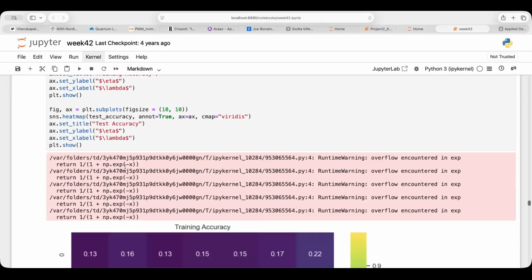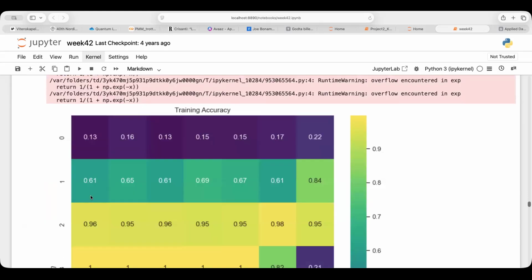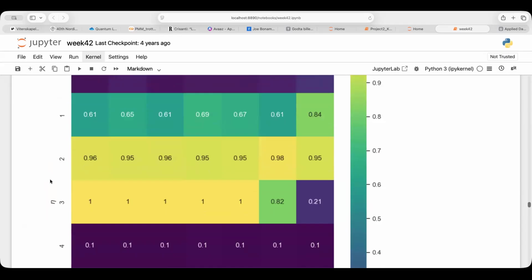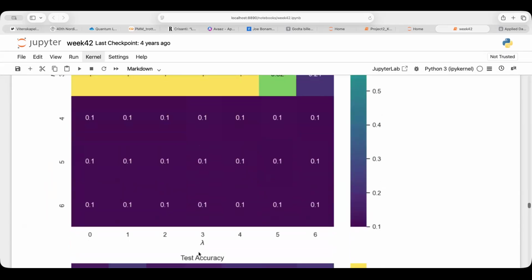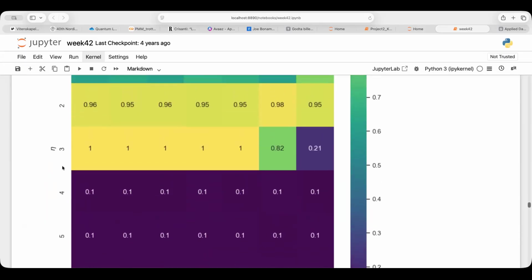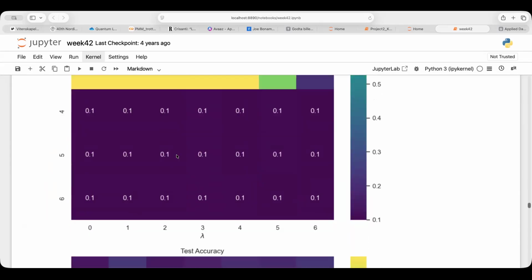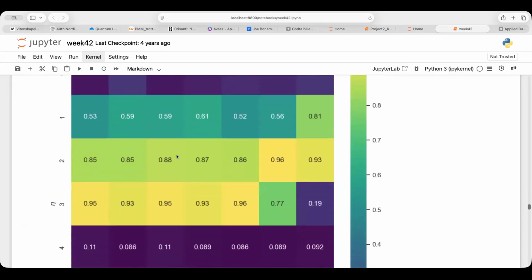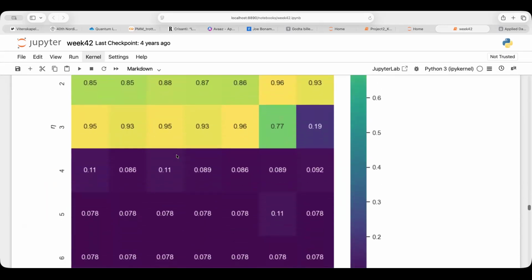And the typical visualization you will see now. Here you plot the values of the learning rate, and here you have the lambda parameter. So this is roughly 10 to the minus 3. And with the learning rate here of 10 to the minus 2, you see that the training is perfect. So you get an accuracy of 1. And then you go down to the accuracy on the test data.